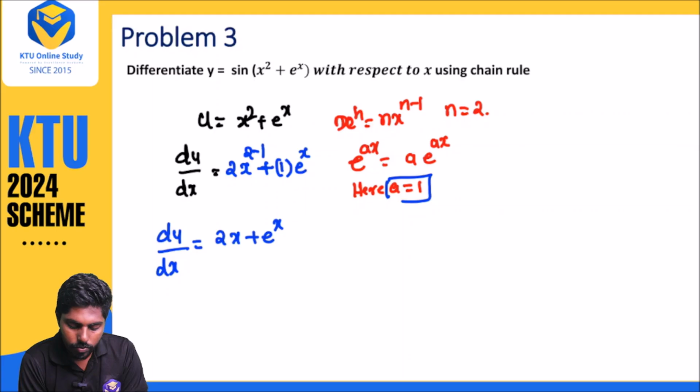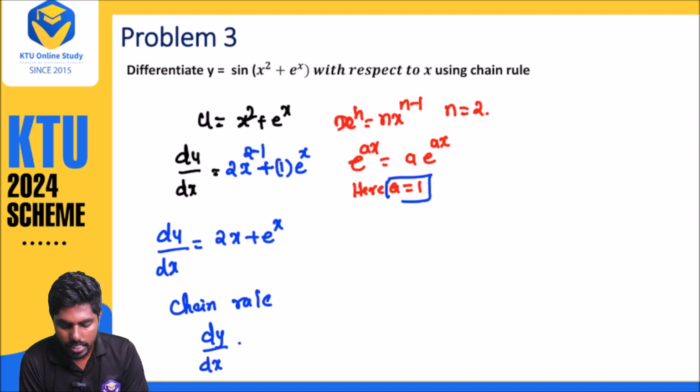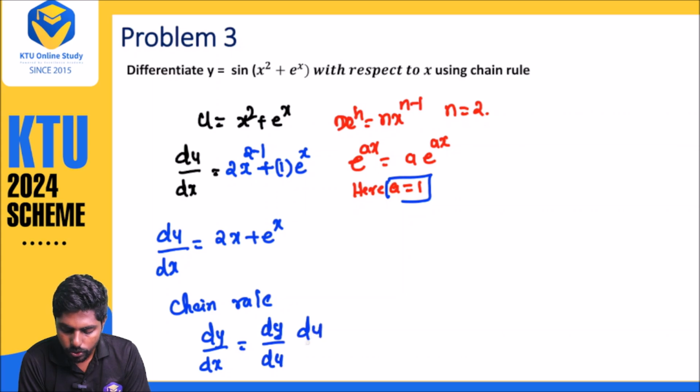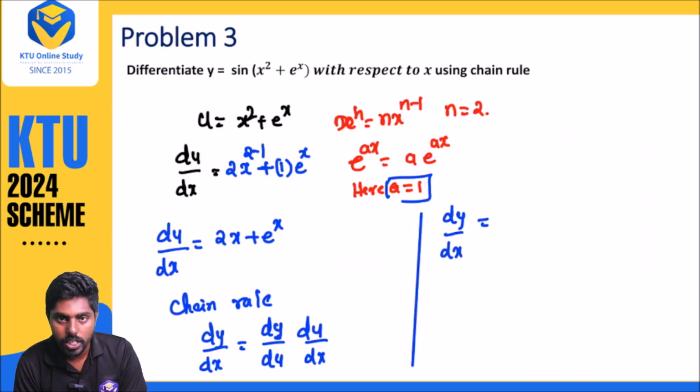So substituting into the chain rule formula. What is the chain rule formula? We know that dy by dx is equal to dy by du into du by dx. We know both the values. What is dy by du?